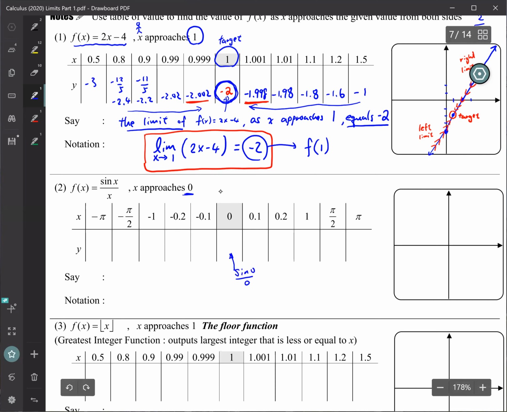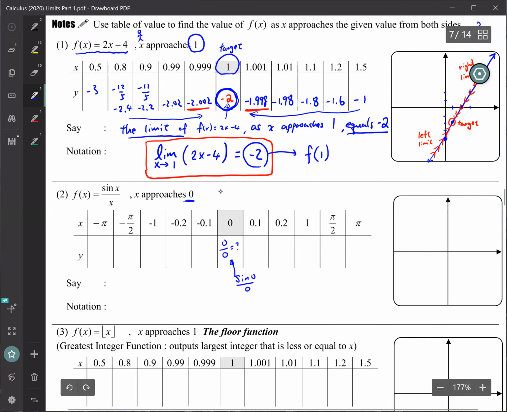What is sine of 0, Jeffrey? Sine of 0 is 0. Okay, so we will get 0 over 0. What is 0 over 0? Undefined. We don't know what it is, right? So this is a weird value. Well, the least we know is the denominator can never be 0.